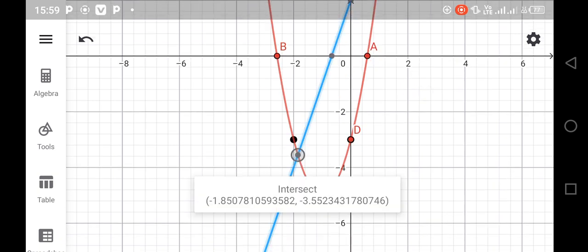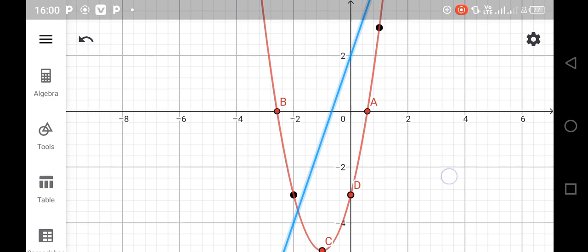At this particular point, it is negative 1.85 as x, and negative 3.55 as the value of y. Those values are read as xy coordinates. In doing so, we have solved the graphical equation.